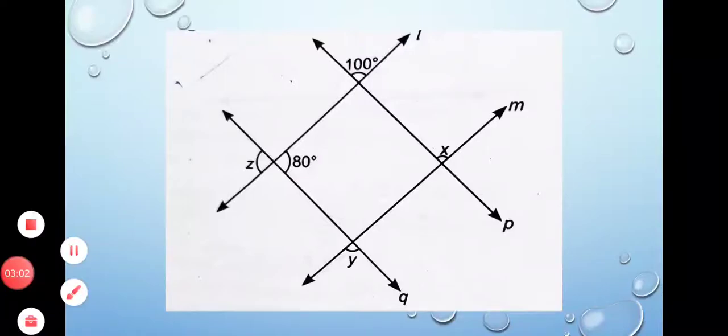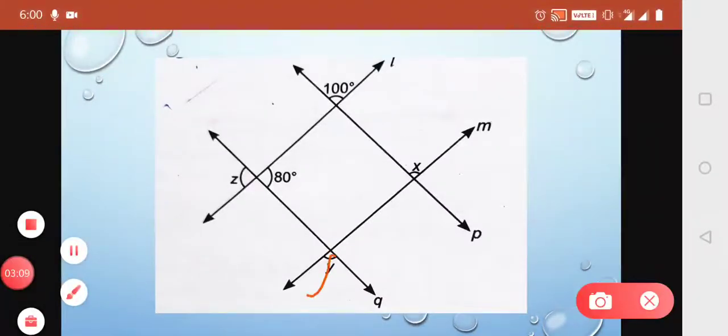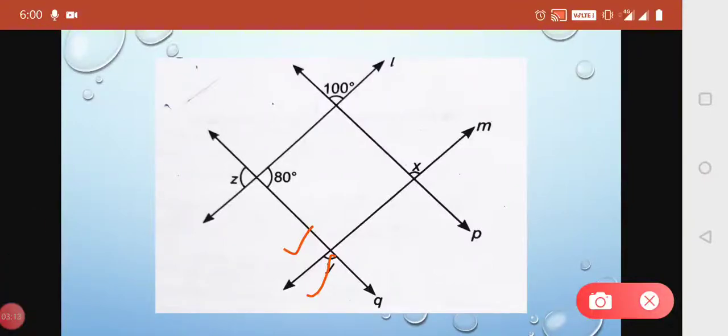Looking at the figure, we can see that angle Y and Z makes a linear pair. But in the figure, Z is not given. So from where Z comes? Because this Z and this angle makes a corresponding angle pair.